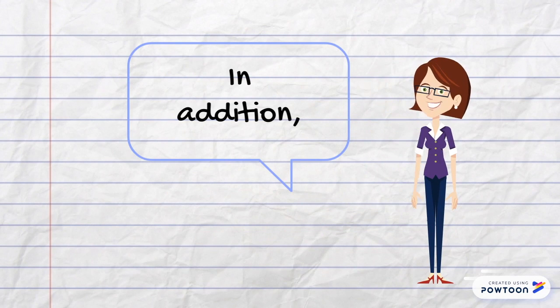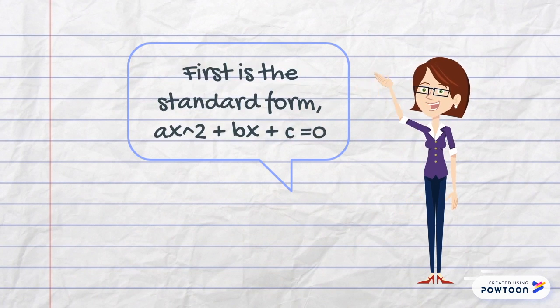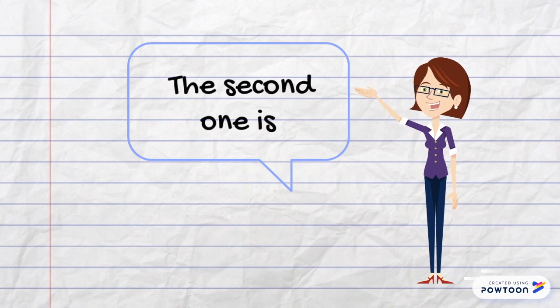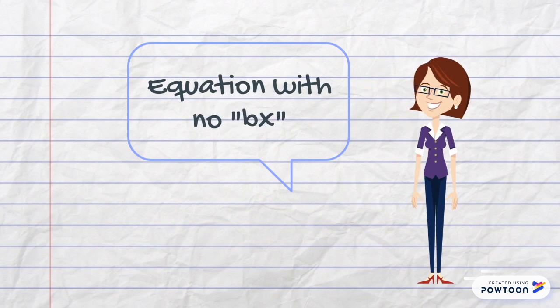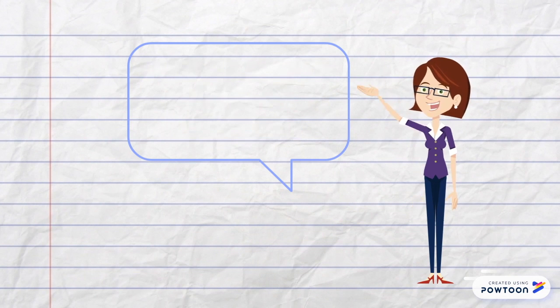In addition, the quadratic equation can be in different forms. First is the standard form, ax squared plus bx plus c equal to 0. The second one is the equation with no bx. bx is known as the linear coefficient.